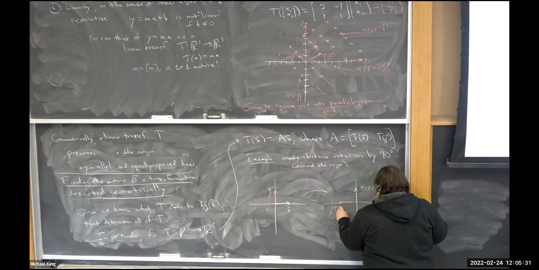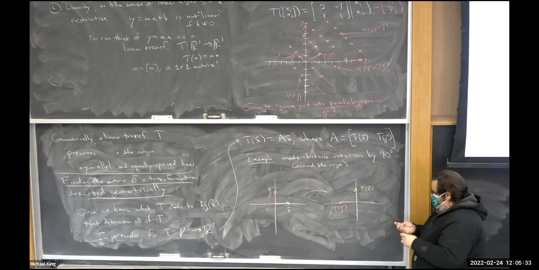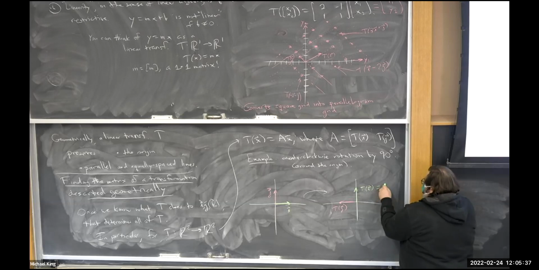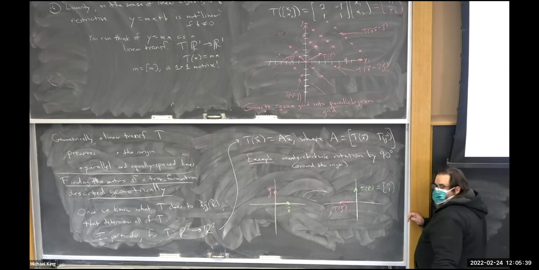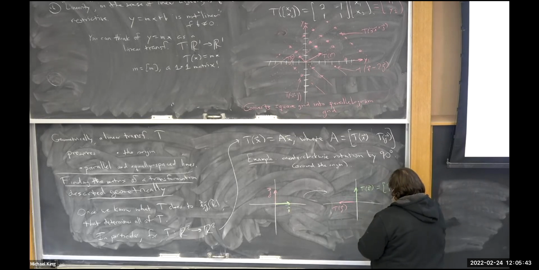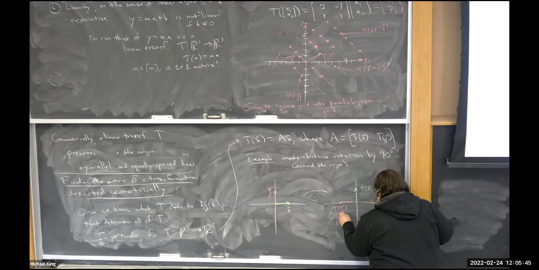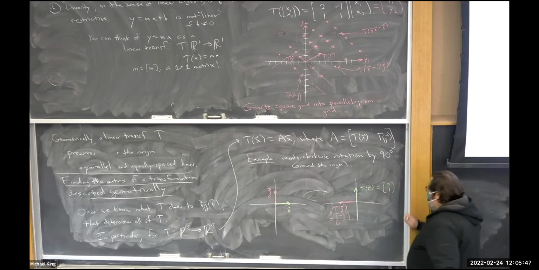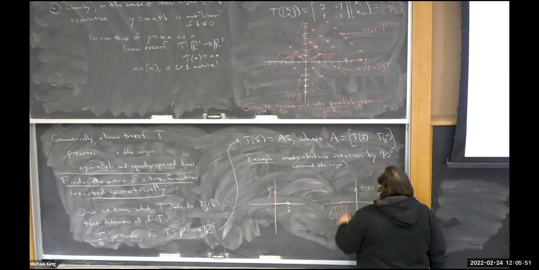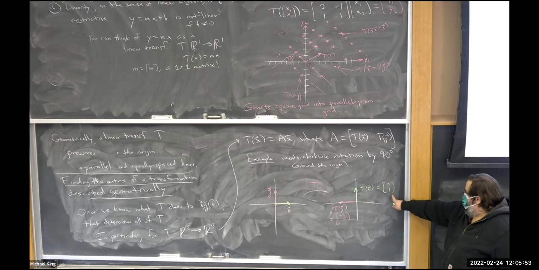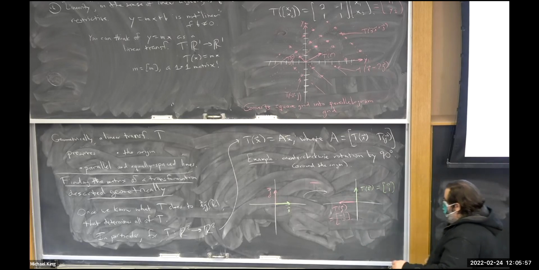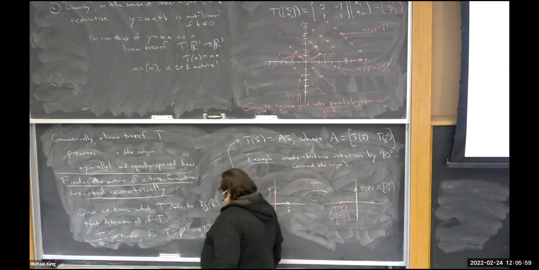So once you determine these, this is the vector (0, 1), and this is the vector (-1, 0). So the matrix for this transformation has first column (0, 1) and second column (-1, 0), which you can see on screen, but I'll write that down. So that's just the game.